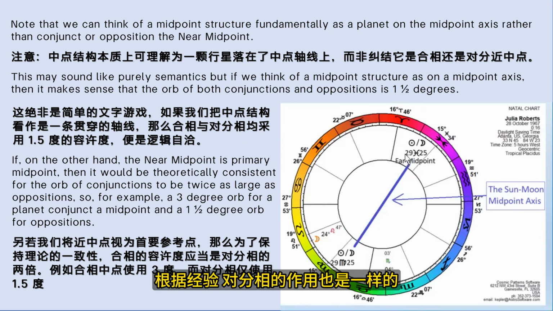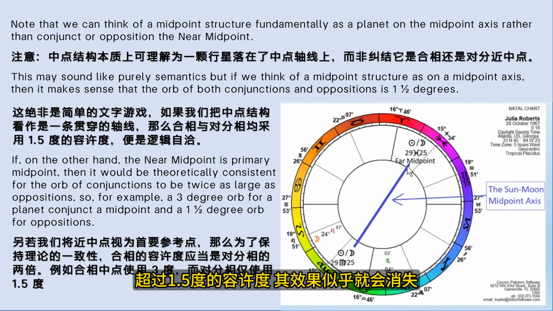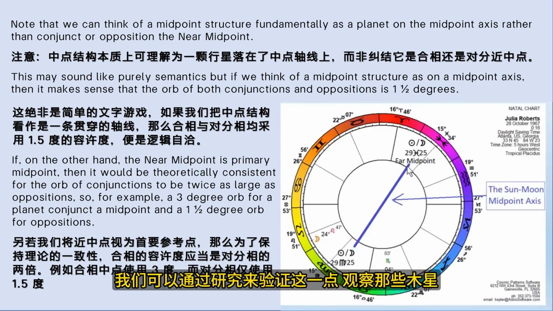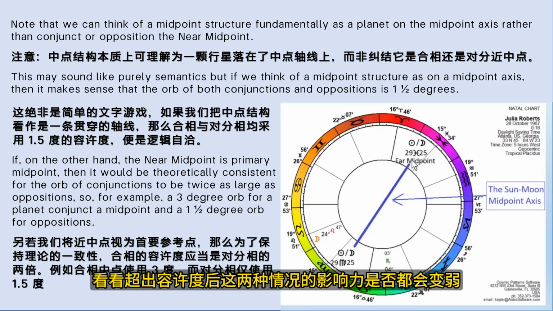The opposition, from our experience, will do the same thing, the Jupiter opposition, and if the orb is more than 1.5 degrees, it's weak. Doesn't matter whether it's a conjunction or opposition. Once you get to that 1.5 degree orb, the effect of it seems to be disappearing. Now, we could test that in a study by seeing people who have Jupiter conjunct or opposition the Sun-Moon midpoint, or any other midpoint configuration, and see if in both cases of conjunction and opposition it appears to be weak.